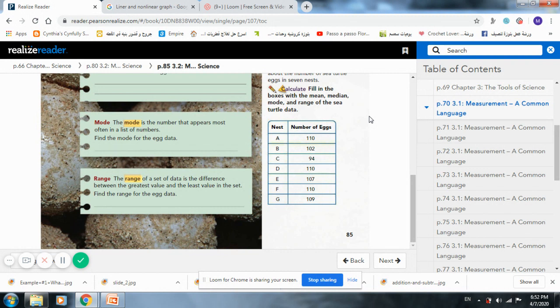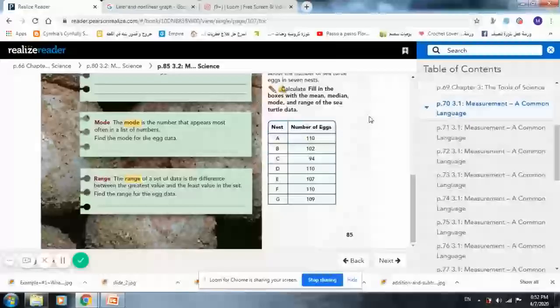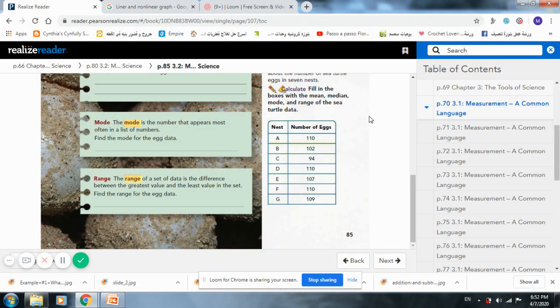So 110 plus 102 plus 94 plus 110 plus 107 plus 110 and finally 109, divided by how many? 1, 2, 3, 4, 5, 6, 7, divided by 7.